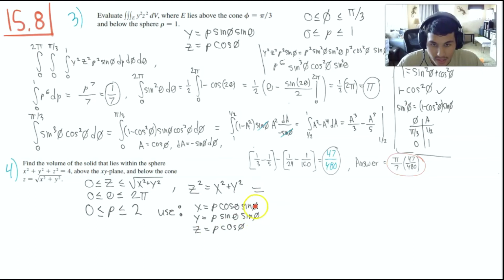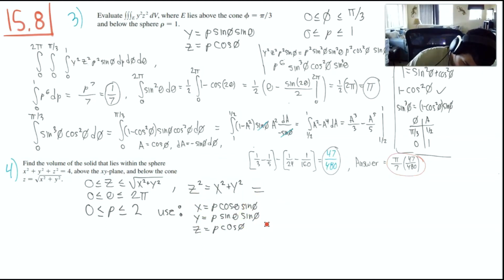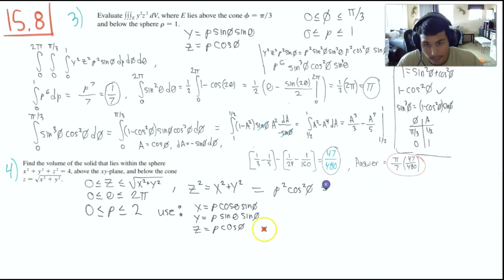So if I use this stuff and I put it into this, I'm going to get rho squared cosine squared phi. That's equal to z squared. And then I'm going to get this thing squared and this thing squared. They're both going to have rho squared in common, and they're both going to have sine squared phi in common.